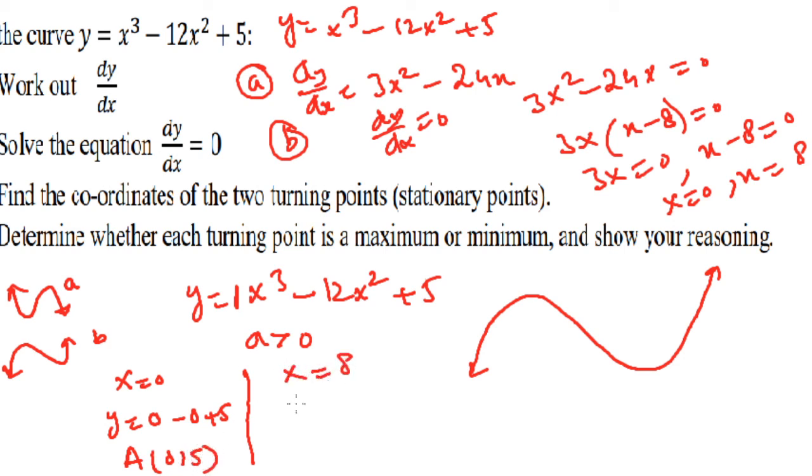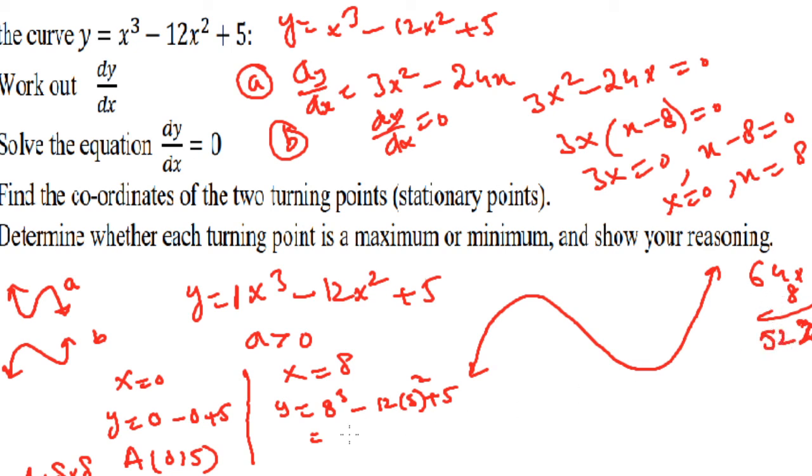If x is 8, y is 8 cubed minus 12 into 8 squared plus 5. The result is 8 into 8 into 8, so 64 into 8, which is 512.